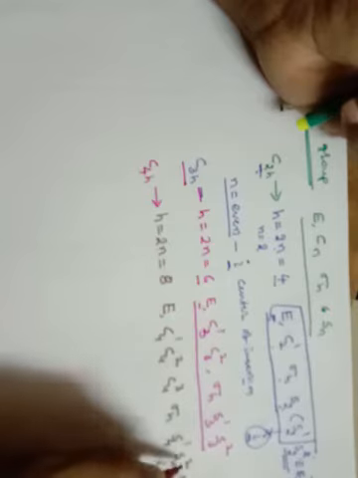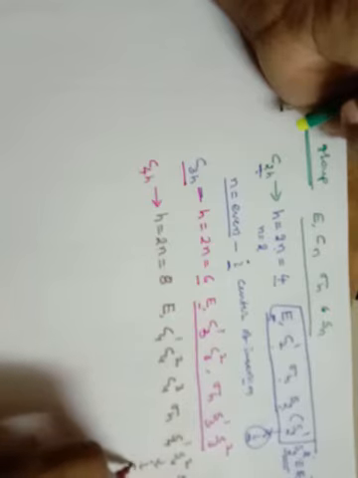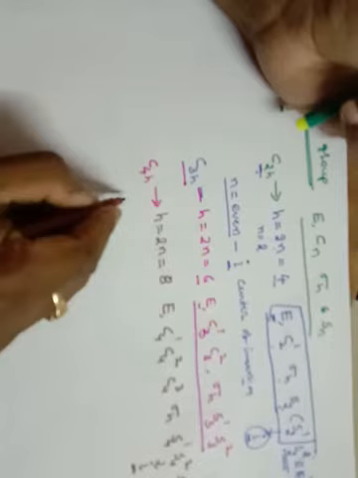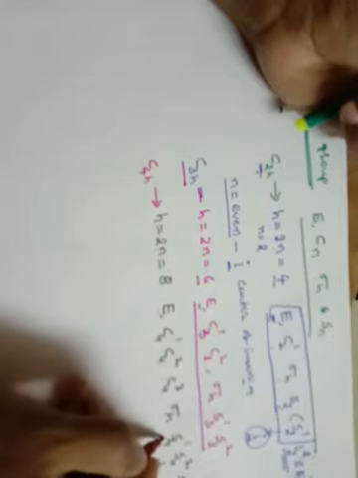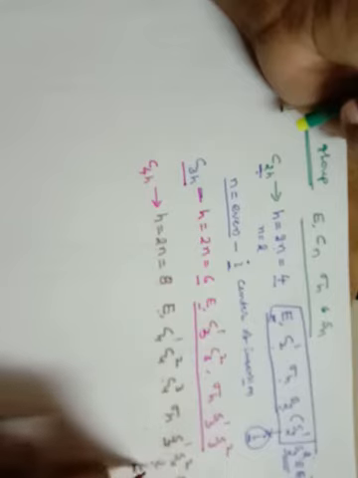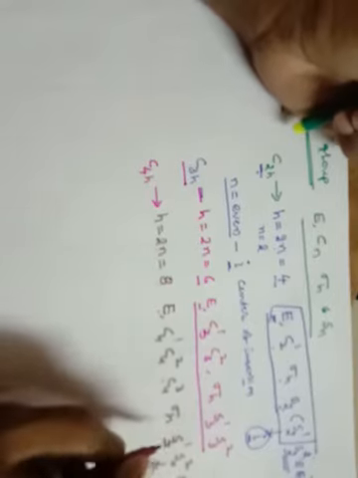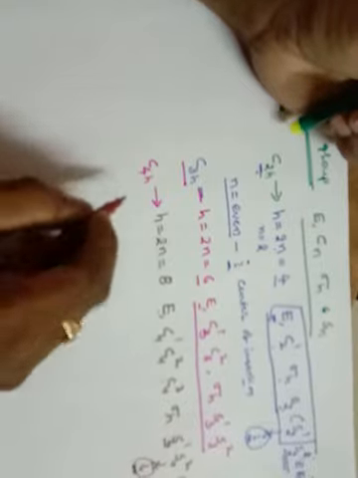Out of this, S4^2 will be inversion. So the total number of symmetry elements is 8, that is 1, 2, 3, 4, 5, 6, and S4^2 is inversion, therefore this is one symmetry element, 7, and S4^3. Total 8 symmetry elements are there in C4H.